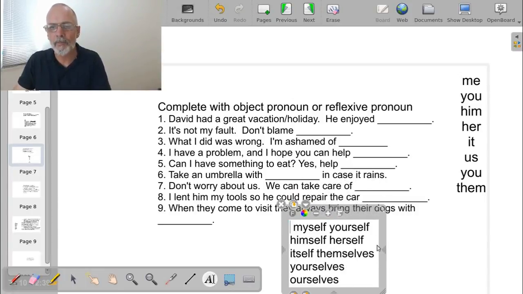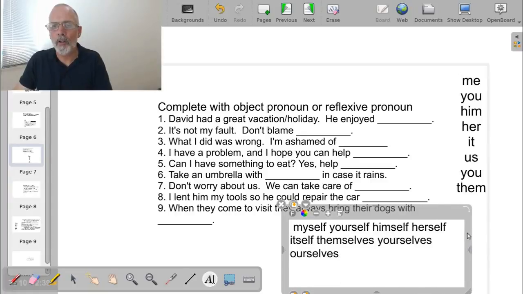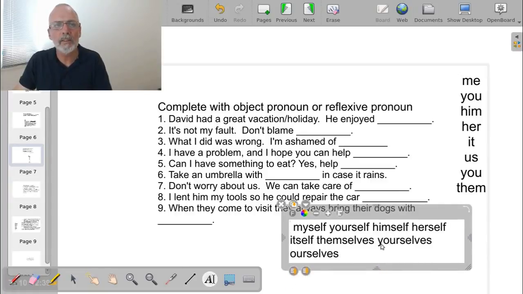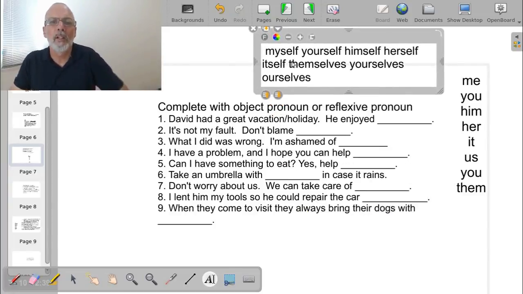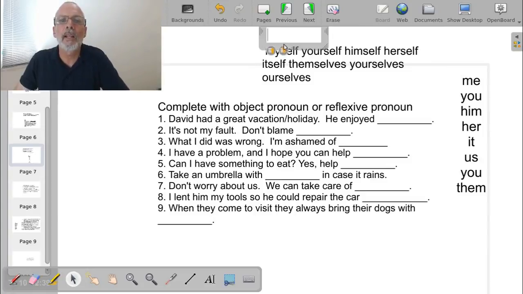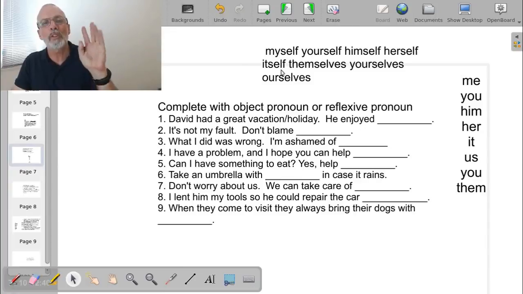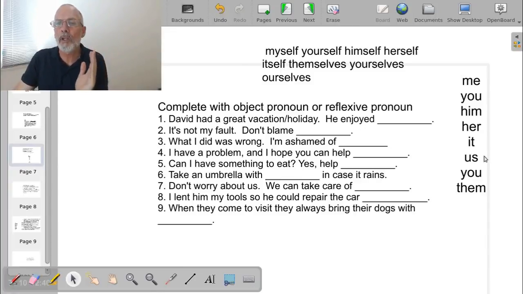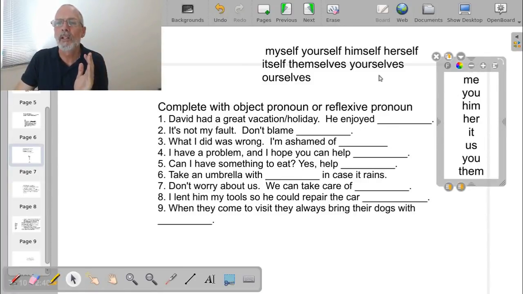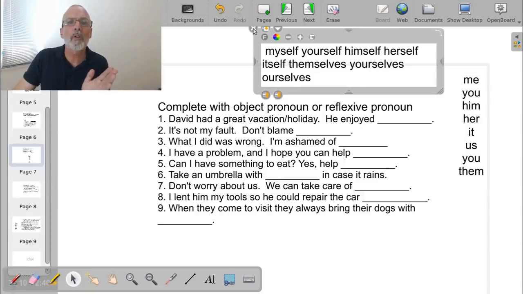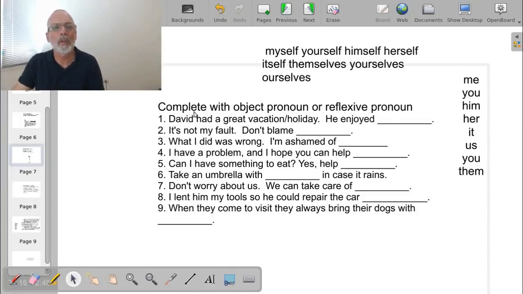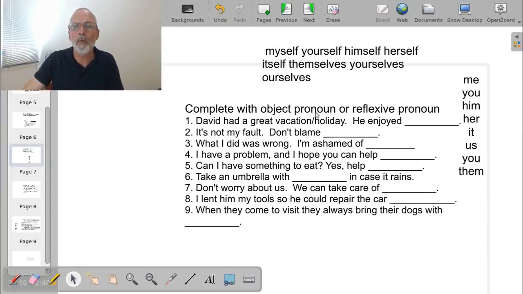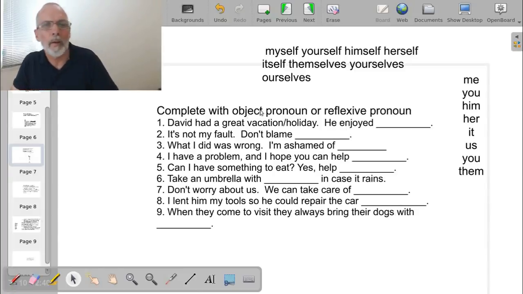So what you've got to do in this exercise is put the correct pronoun in the spaces. You've got two choices, to use either the object pronouns, which are down here, or the reflexive pronouns up here. From these pronouns, you need to put the correct one, complete with an object pronoun or a reflexive pronoun.